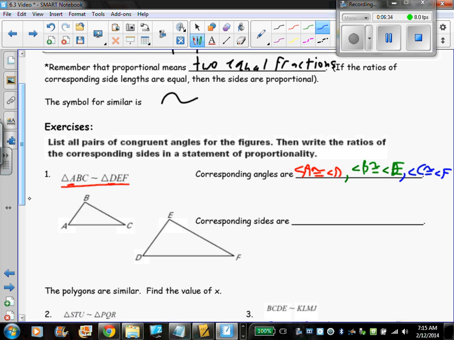Corresponding sides are going to work a little bit differently. Basically, if we're told that we have similar shapes, what we can do is set up ratios with our corresponding sides.